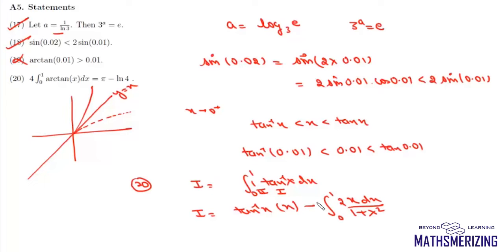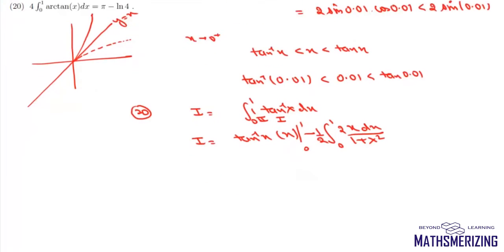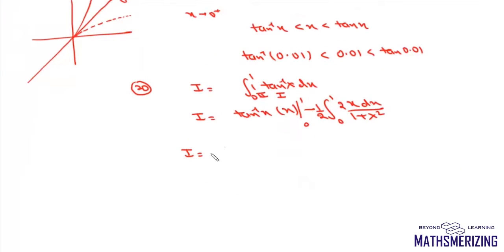Now we'll multiply and divide everything with 2. Here we'll put this limit from 0 to 1. Now this I is tan inverse 1. Tan inverse 1 is pi by 4, and then 1 minus 0, and then minus 1 by 2 log of 1 plus x square from 0 to 1.